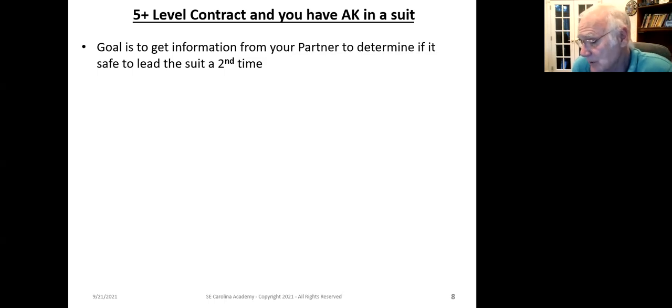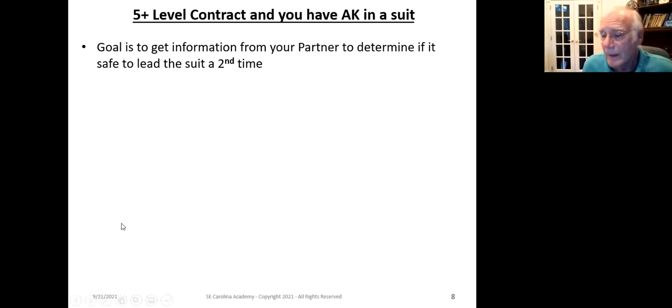There are situations where the opponents get carried away and bid 6 with 2 quick losers in the suit. It happens quite a bit, especially if they think they're behind. And then there's the other situation where they've got a singleton. Now the question becomes, is it safe to take the ace and then play the king, or play the king and then take the ace?